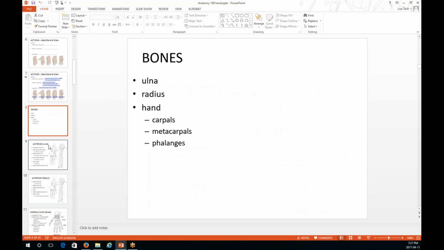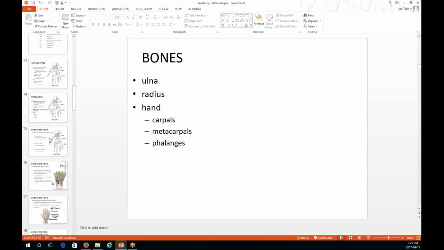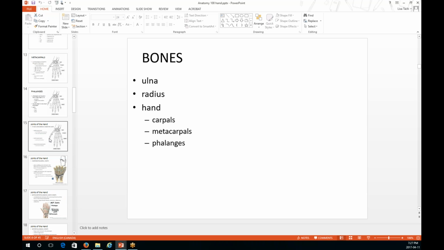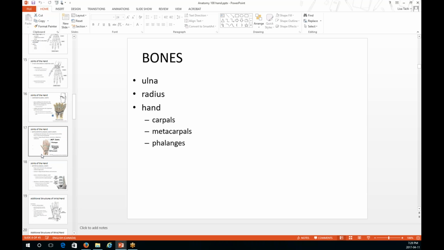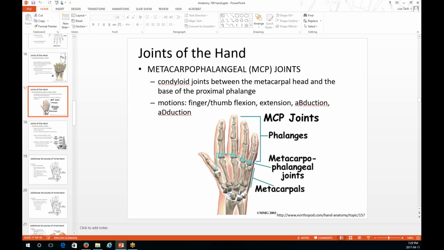Okay, as for the bones, we did this whole section with the wrist. So we're not doing it again. And we did the wrist joint, we did the metacarpal joint. This is the one we have to do. We did the carpometacarpal joint, but now we've got to do the MCP, metacarpophalangeal.